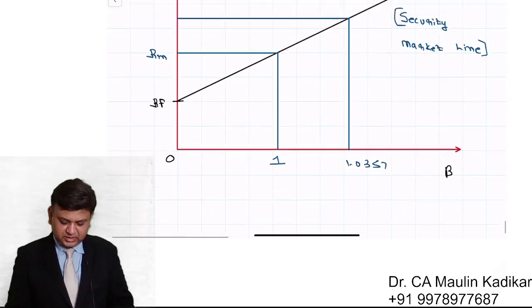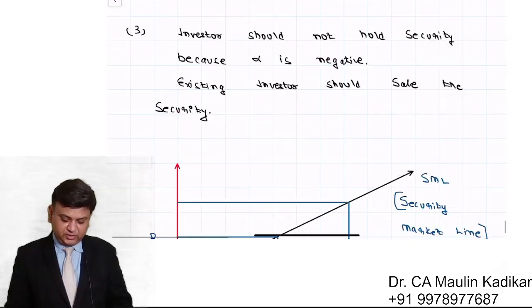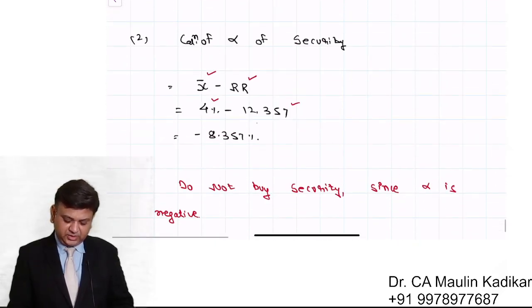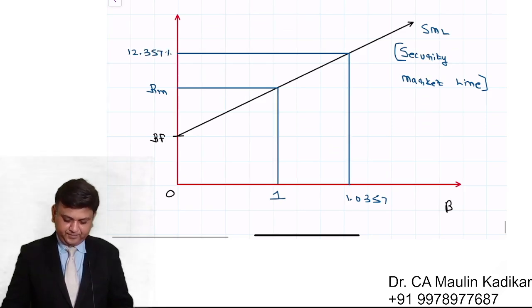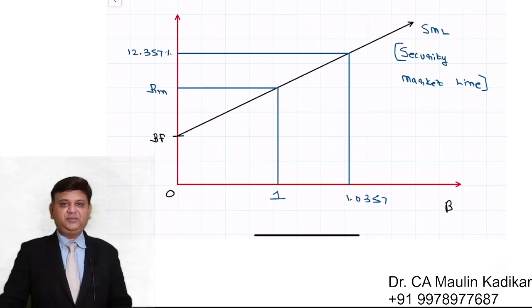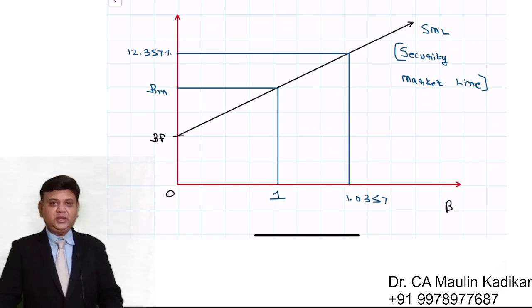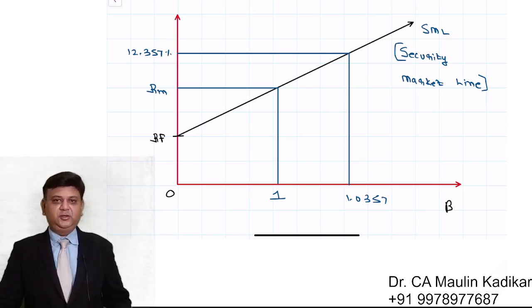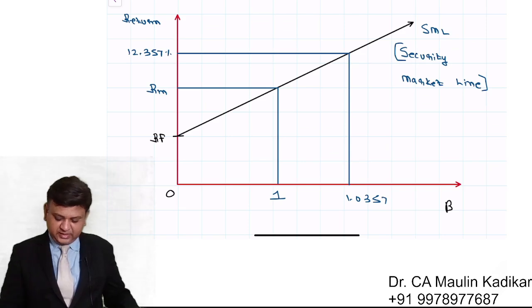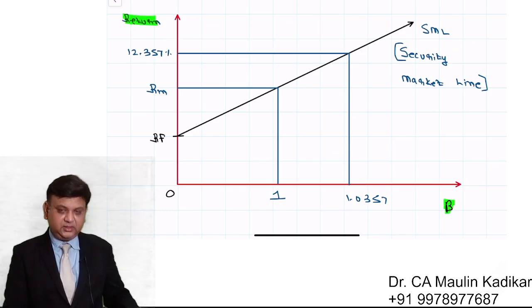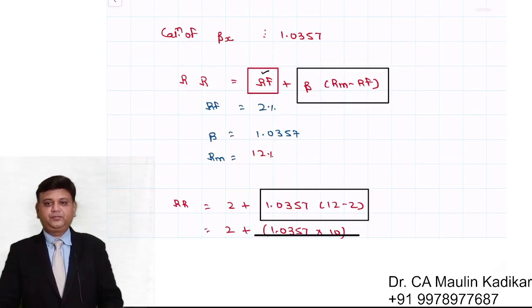At that time, the required rate of return is equal to 12.357. That is the way the required rate of return can be calculated based on that beta. So on x-axis we have independent factor called beta, and on y-axis we have dependent factor, that is the return.